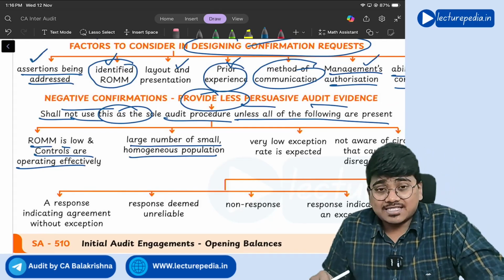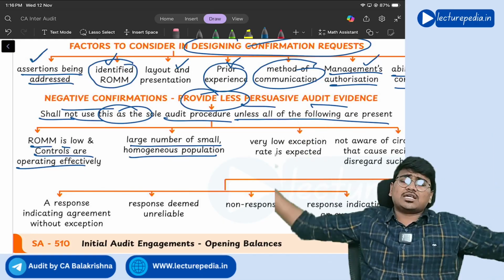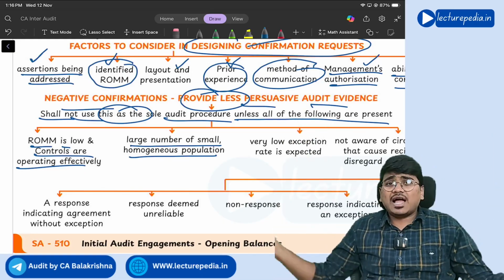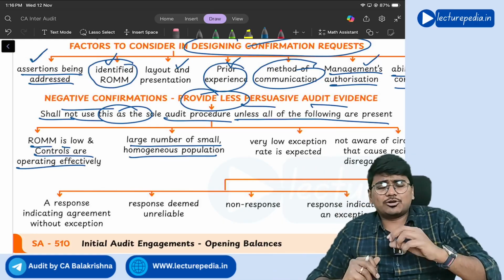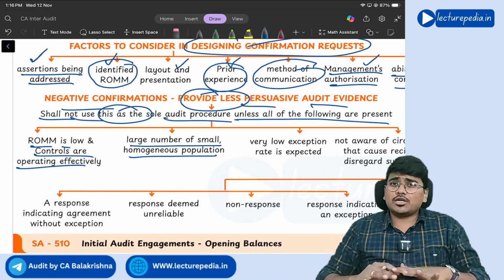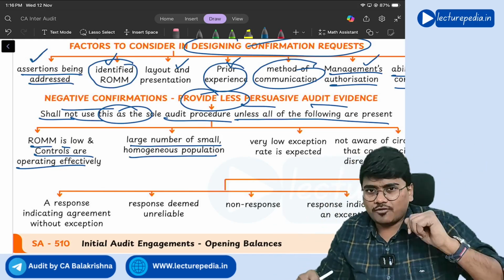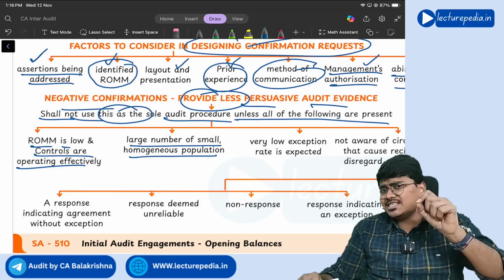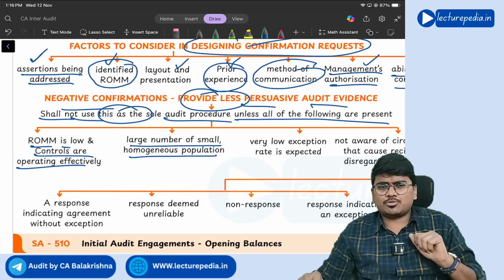In case the items are huge, like thousands or 10,000 items, and all of them are homogeneous and small amounts like 100 rupees, 200 rupees. For example, there are 10,000 debtors in the organization, and each debtor's value is 150, 160, 200, small amounts like this.